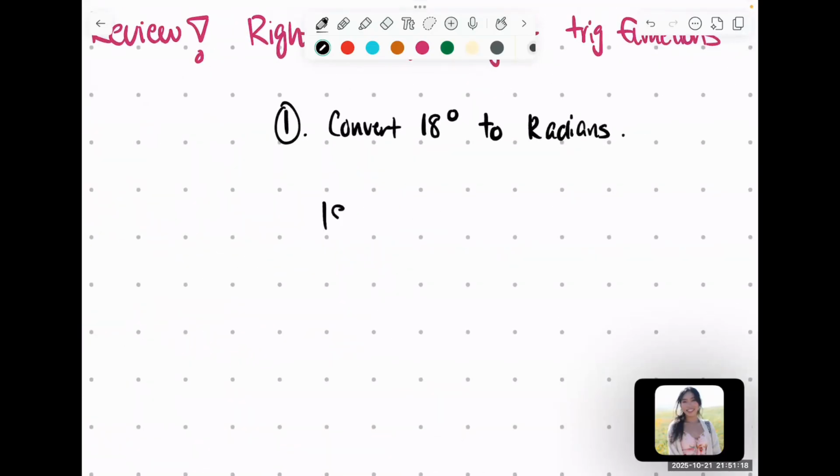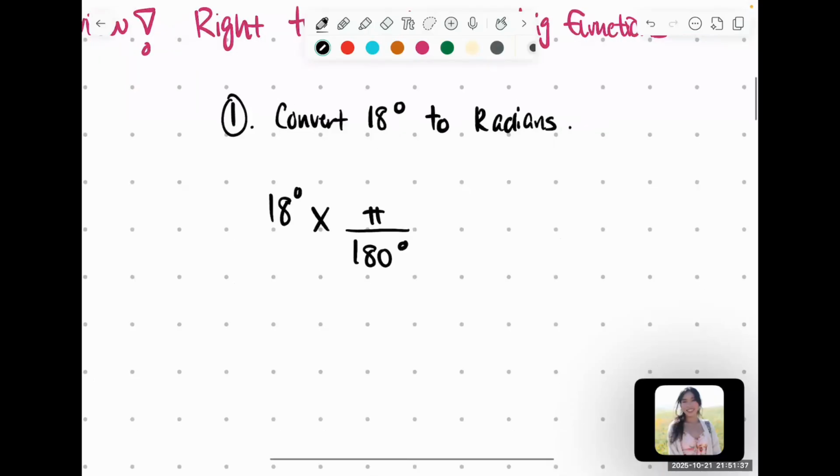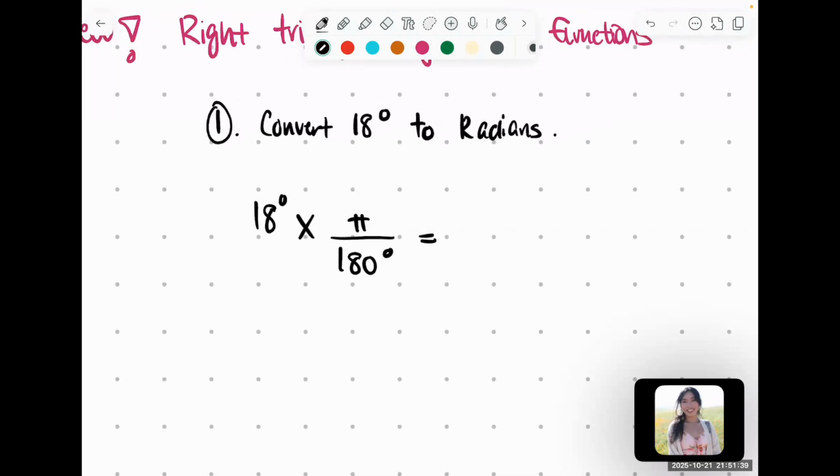Do 18 times. Now, if you want to convert from degrees to radians, that means we want to have the 180 on the bottom so we can get rid of it, because this is little degrees right there. So 180 degrees, and then pi is going to be at the top. You could also think of this as a 1 just to make it easier.